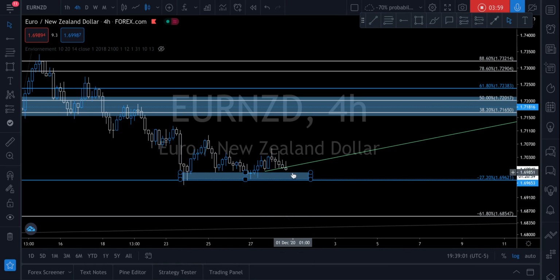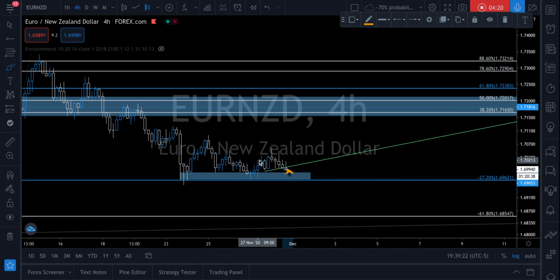Between the wicks and the closes, we can see we're initiating, testing, and confirming. Right now we're probably going to test it once more, and if we can continue to trade above this area of structure and respect it as support, we have a higher probability of it moving upward and reversing from here.